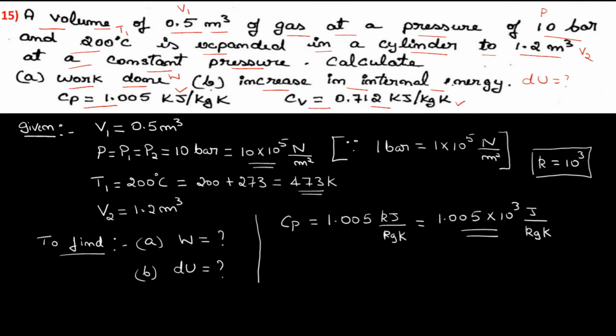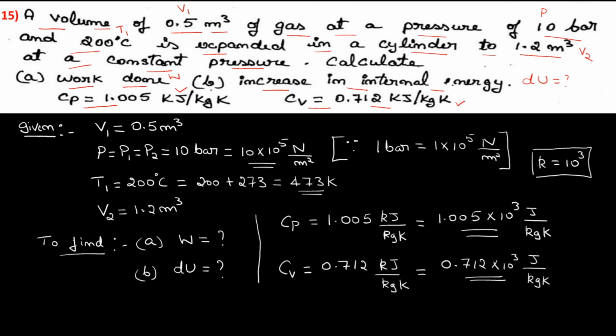We need to write it as 10 to the power of 3 joule per kg Kelvin, that is specific heat at constant pressure. Next, specific heat at constant volume, that is 0.712 kilojoule per kg Kelvin. That can be written as 0.712 into 10 to the power of 3 joule per kg Kelvin. These are the given data.